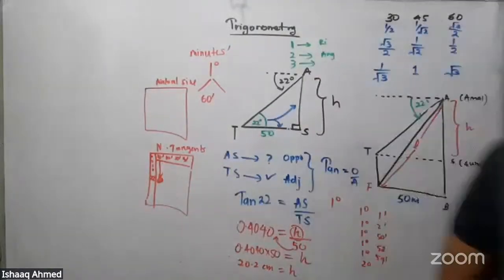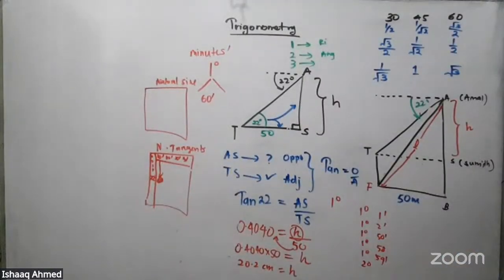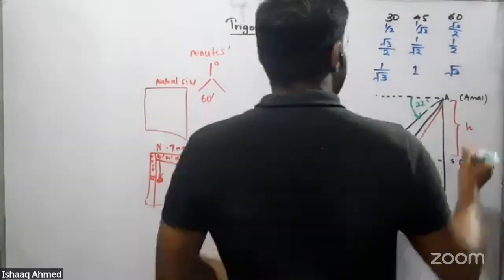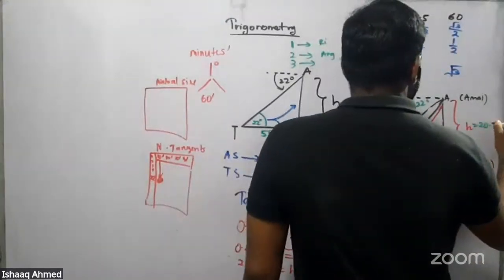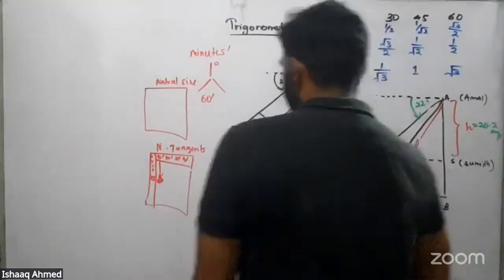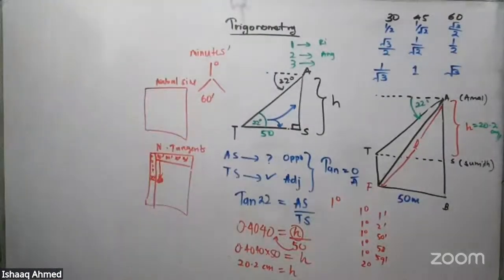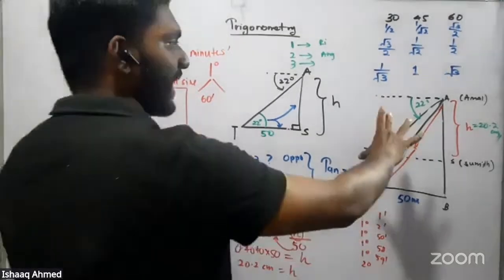So using trigonometry, we found this value as 20.2 centimeters. Okay. Understood how to use trigonometry to find a value and how to use the trig table? Okay. Now we'll do the next one. Then next they asked L, no?